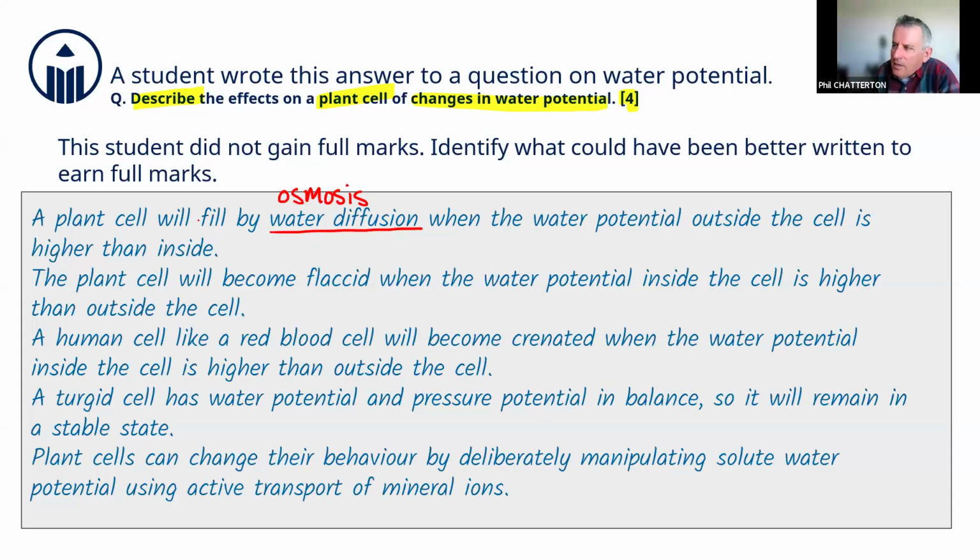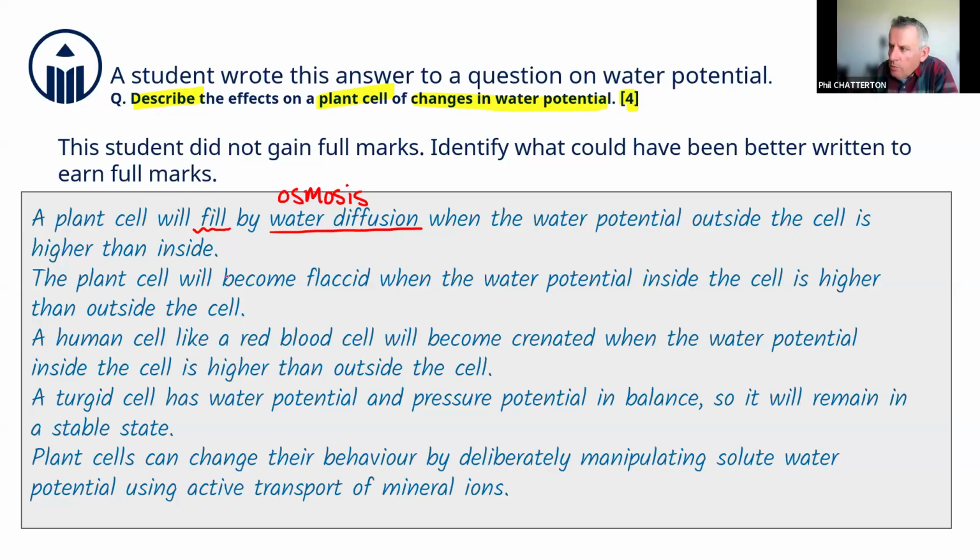Well, I've got a slight issue with the idea of a plant cell will fill. Somebody's made that point in the Google response, by the way, because it might be fairly full already. And the word fill is a bit of a vague term there. But again, it's not enough to cause a problem, really.